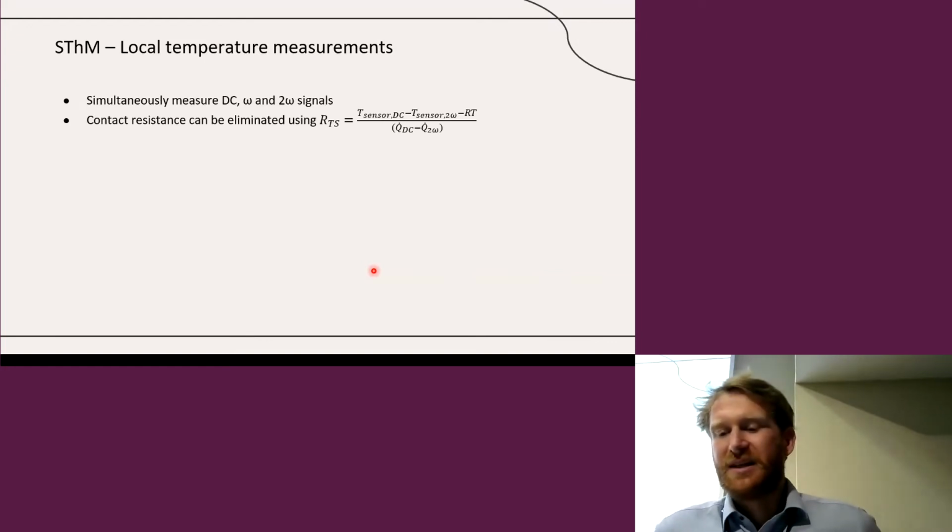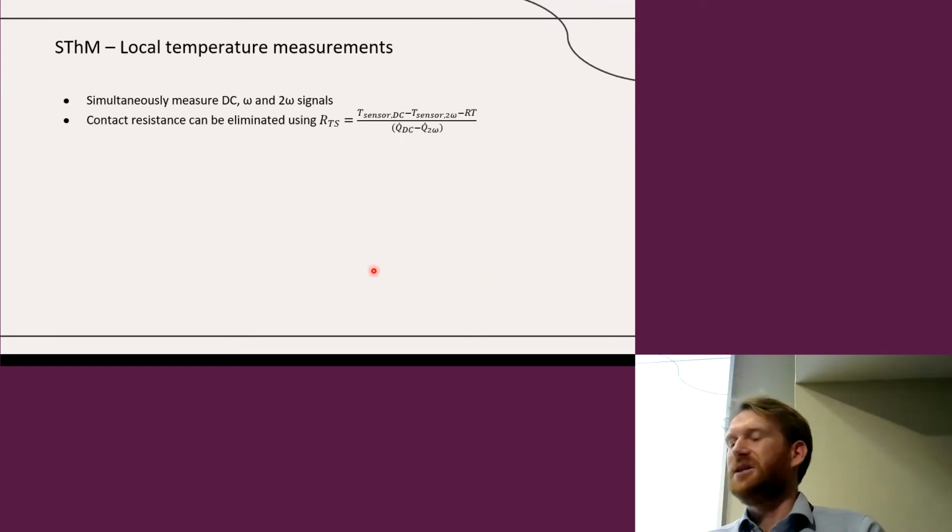And the nice thing is that because of this frequency dependence, you can eliminate the thermal boundary resistance between the tip and the sample by comparing what is going on at the DC level and at a higher frequency level, the 3ω level, because the DC level is also influenced by this thermal boundary resistance, whereas the 3ω signal is only coming from the heating up of the tip itself.